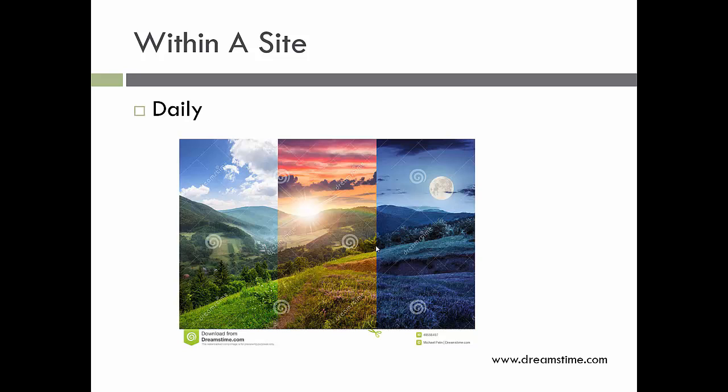For example, at night we may be limited by sunlight, whereas during the day we may not be limited by sunlight. We may be limited by moisture, which may cause us to close our stomata and decrease the production of photosynthesis. So how a site changes during the day can influence what's available.